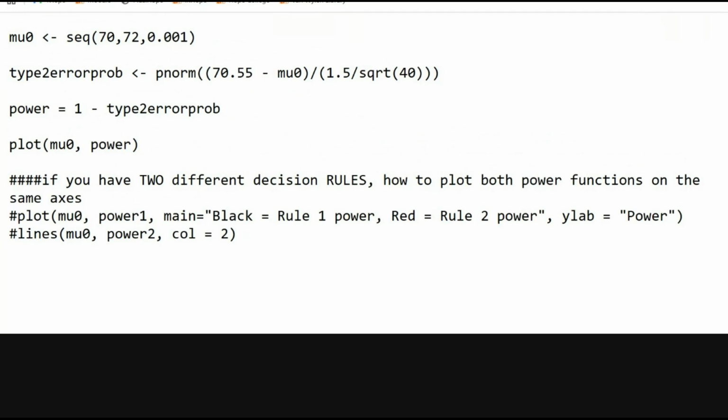But in model 2, sigma is unknown, which means I would have to not only tell you the true value of mean, I would need to say hypothetically, let's say sigma is 2 or something like that. If I gave you sigma and I gave you mu, then you can proceed. So the point of the story is that you need to know more than just mu if you are going to evaluate power when sigma is unknown.